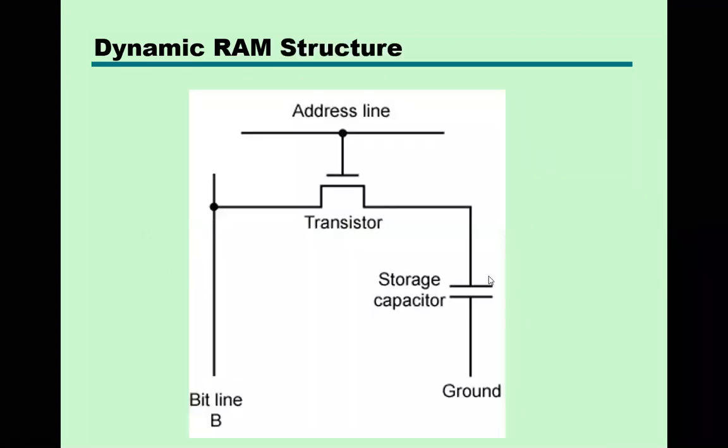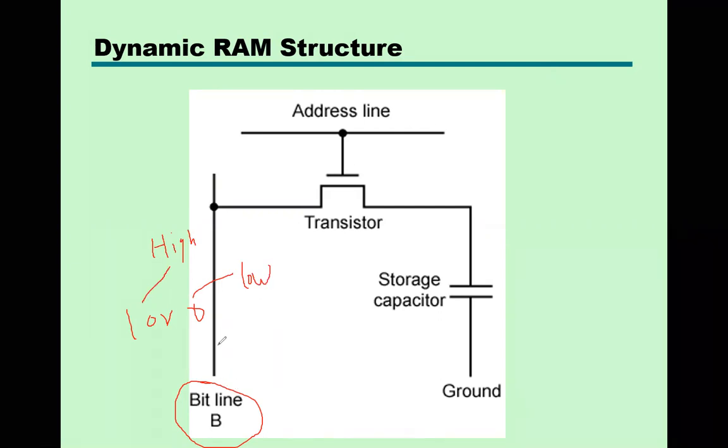In this way, the capacitor holds a bit, 1 or 0. This is a bit line, which carries either 1 or 0. If 1 is there, obviously the bit line is high. And if 0 is there, obviously it is low.